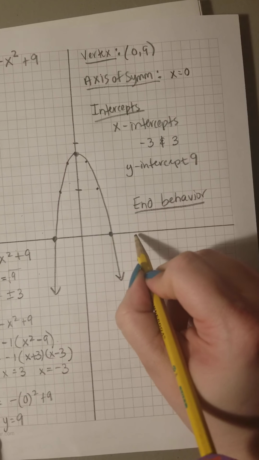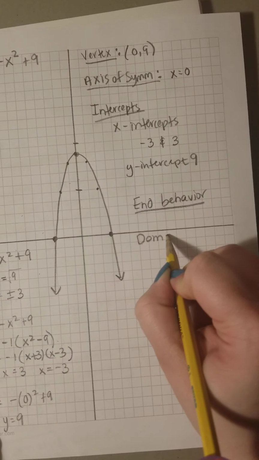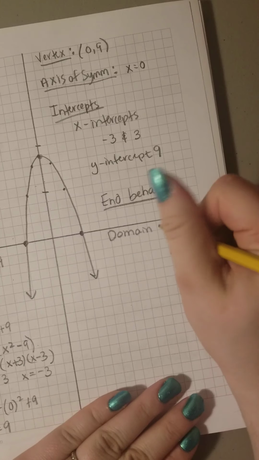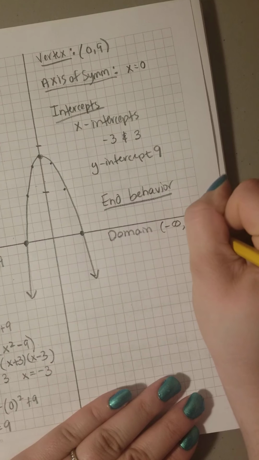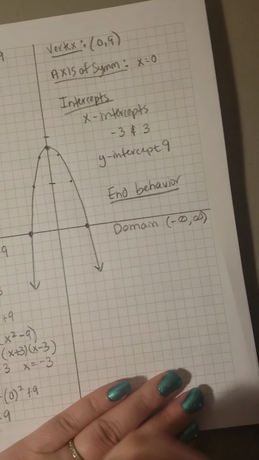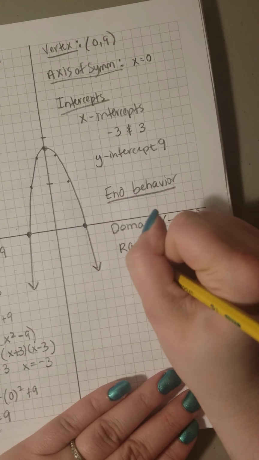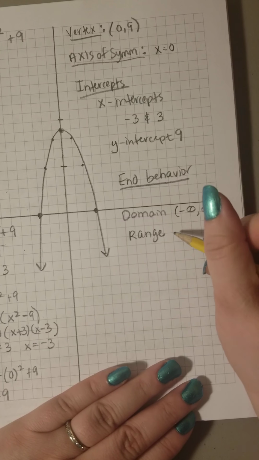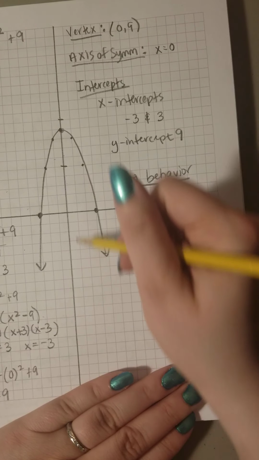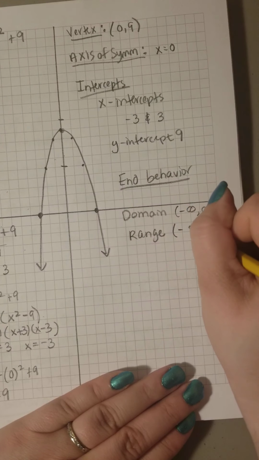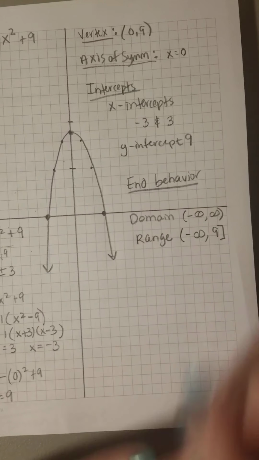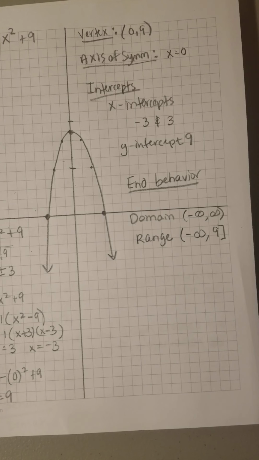In this case, my domain, even though it's pointing down, it's still going on and on forever in both directions. So negative infinity to positive infinity. And my range this time, remember I always start with the lower value, and it's coming up from this negative infinity, and ends here at this positive 9. So I'm going to close it there at 9.